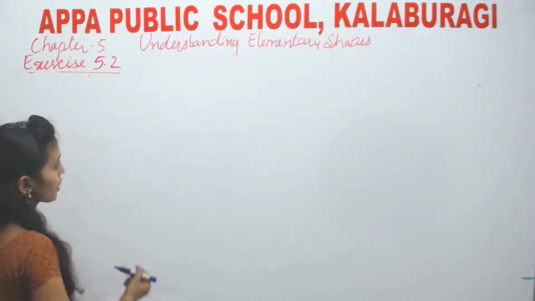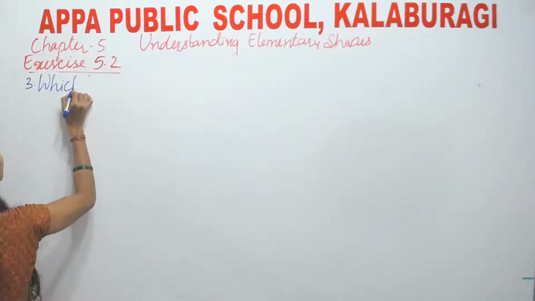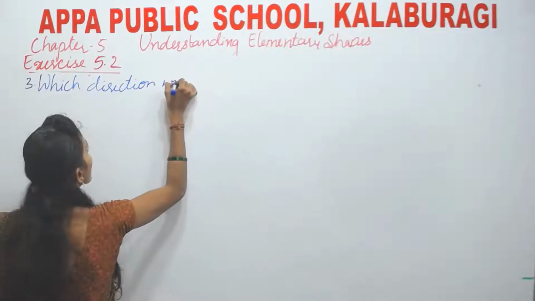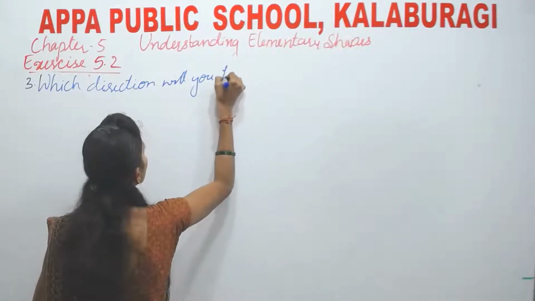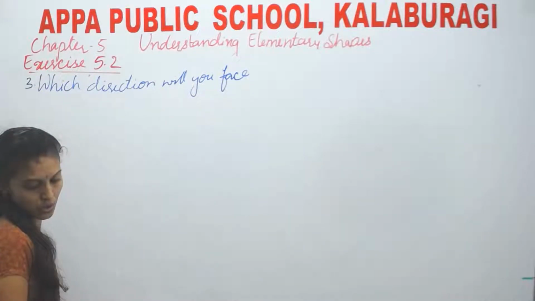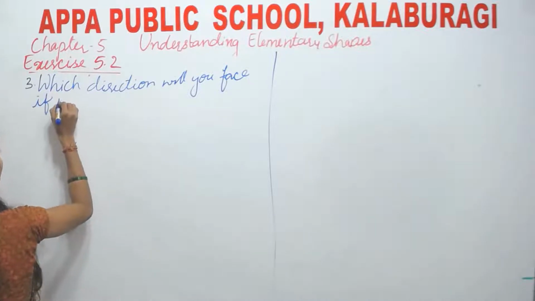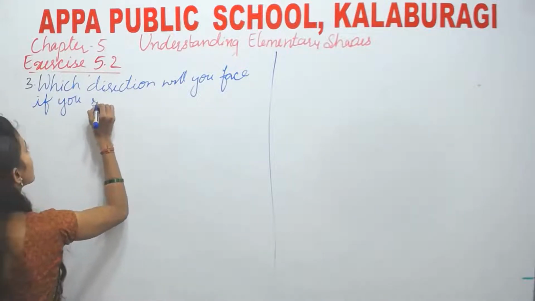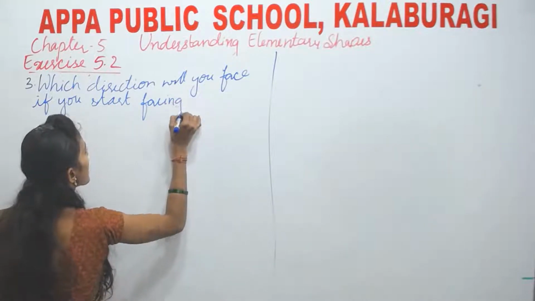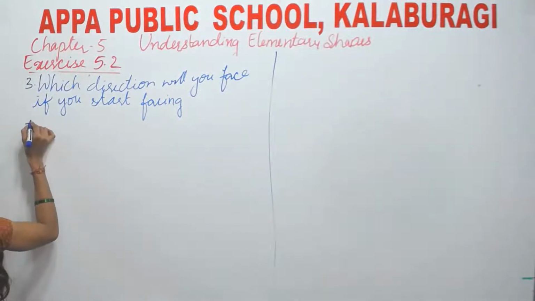So, which direction will you face? Which direction will you face if you start facing east and make half of a revolution?